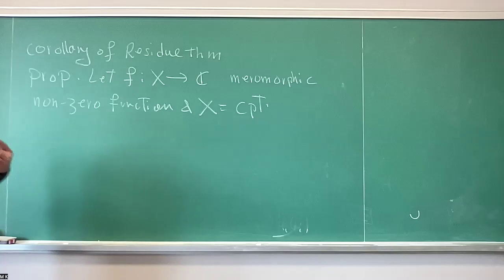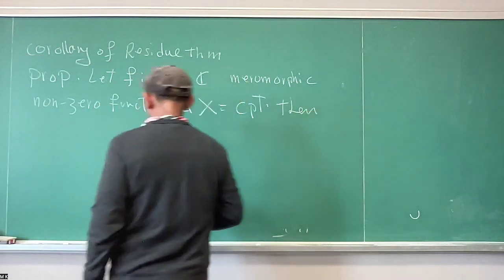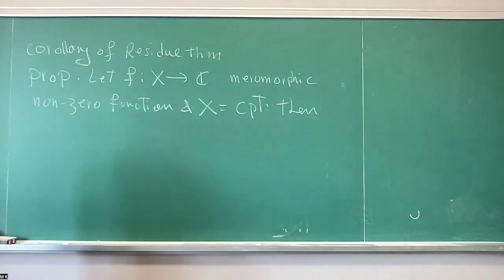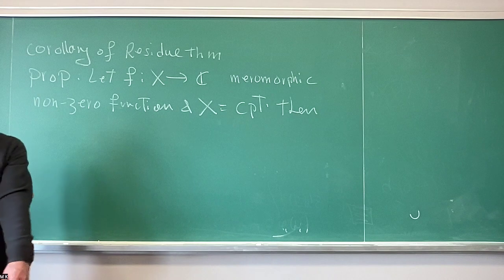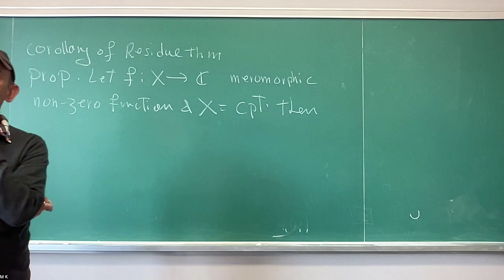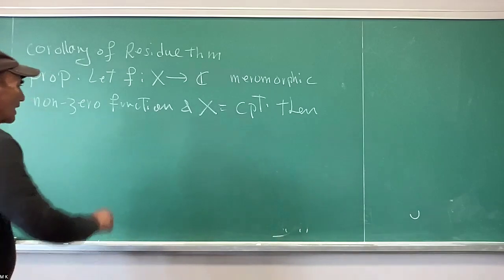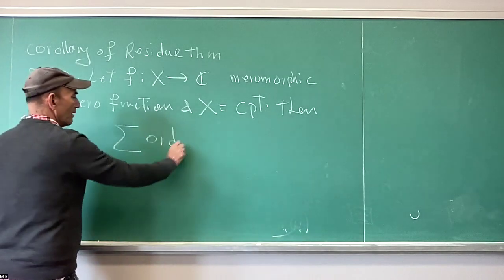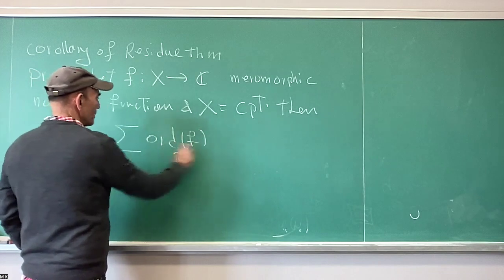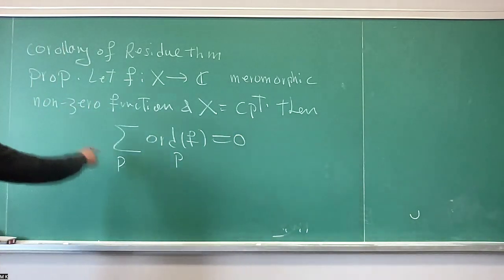So we have two conditions: a compact Riemann surface, and a non-zero meromorphic function on X. Then what did we prove about this situation? Remember, we proved it actually. We proved that the sum of orders of f at p, over all p, is equal to 0. Now I'm going to give another proof using the residue theorem.